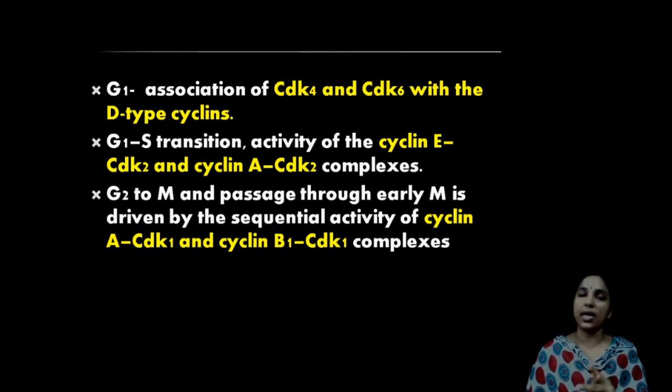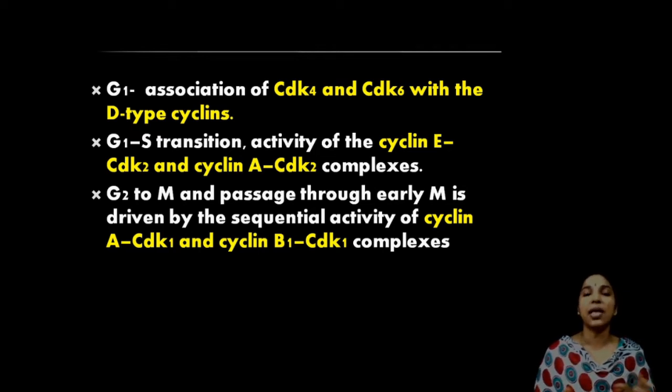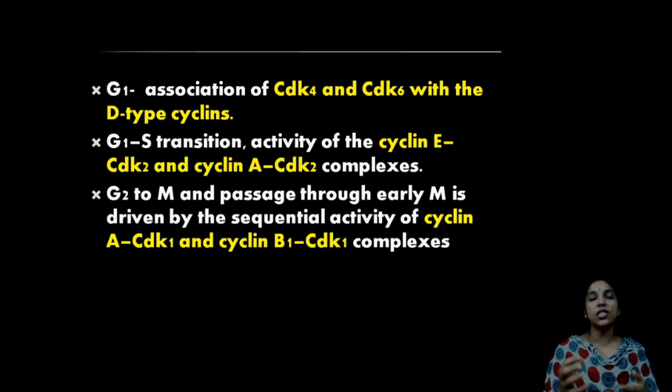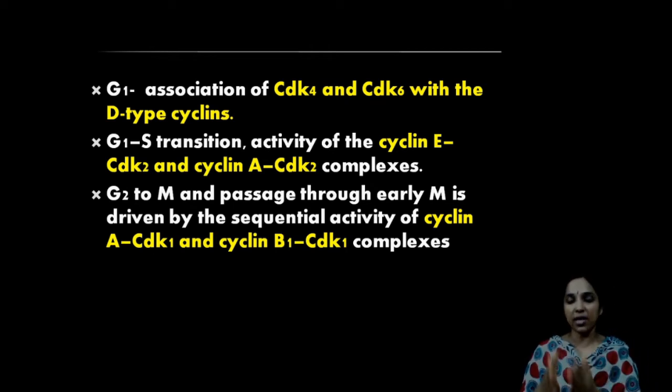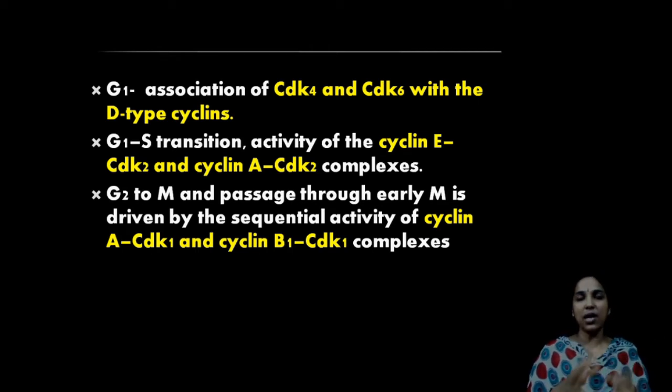And there are 2 cyclins. And at the third checkpoint you can see cyclin A with CDK1, and cyclin B1 with CDK1 complexes. So in all these stages, these complexes control whether the cell is able to pass to the next. They will give the signal. Okay, they will produce it at that time.